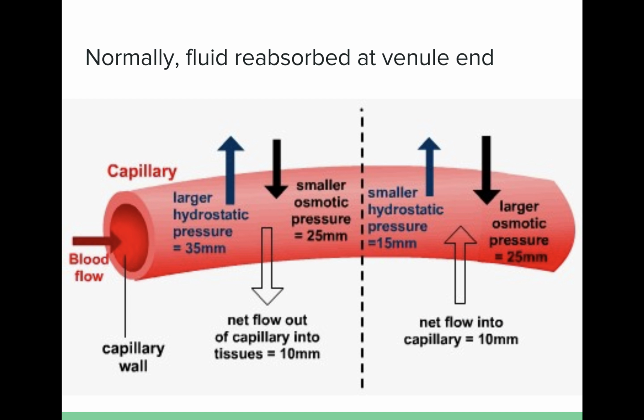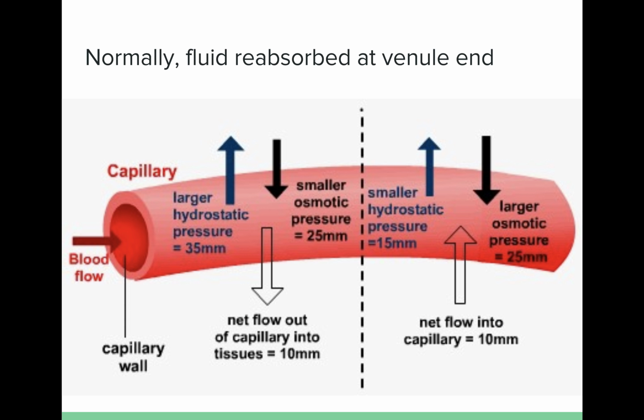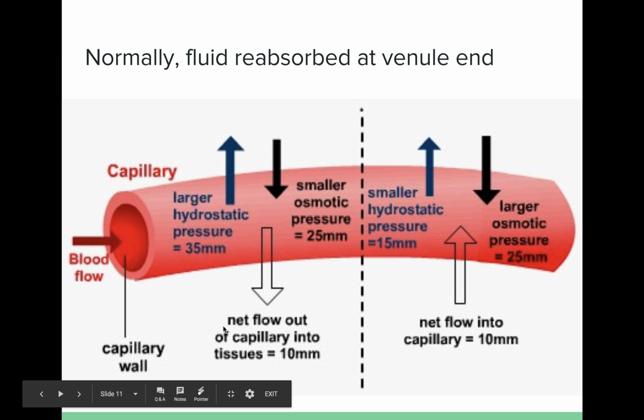And the idea, again, just a third way to show it to you, is in number forms. As fluid comes in to the arterial side of the capillary, there's a higher hydrostatic pressure compared to the osmotic pressure, the pressure due to osmolarity. So the pressure forcing fluid out is greater, and overall we'll lose some fluid from the capillary.